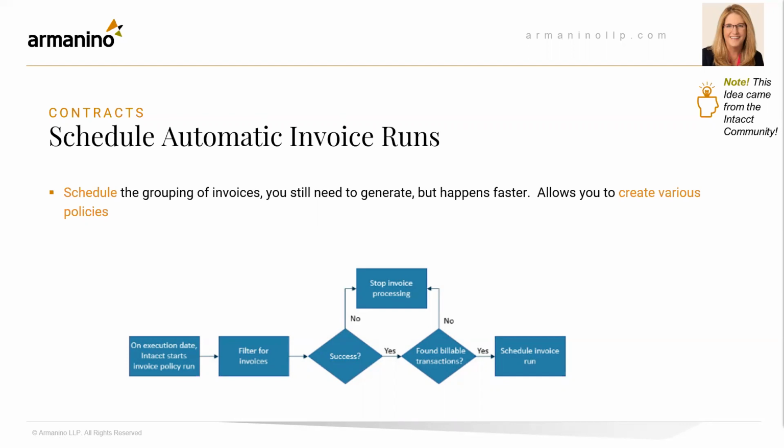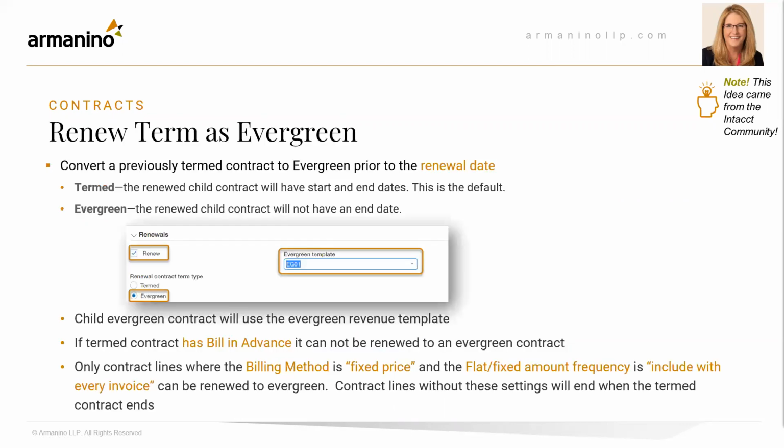So it allows you to create various policies for running your invoices, which is really exciting. And then also for contracts, in the last release, they gave you the ability for evergreen contracts. In this release, they've extended that to converting a previously termed contract to evergreen prior to the renewal date.